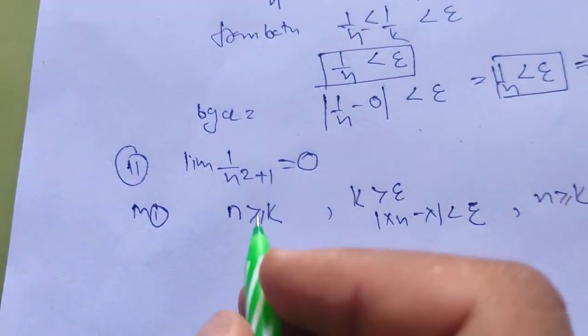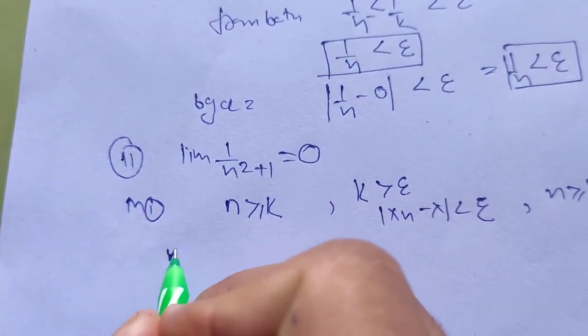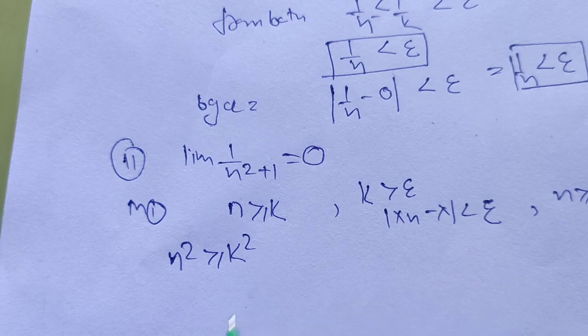Since n is greater than or equal to k, n square is always greater than or equal to k square.